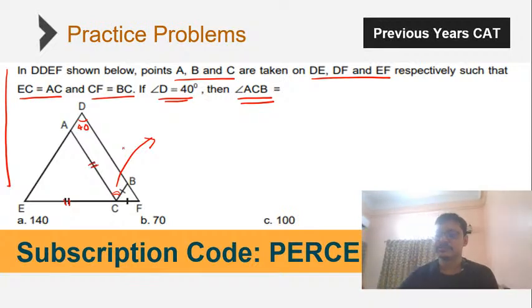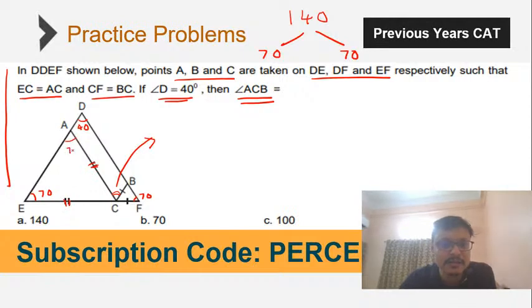So how do we solve this? If this is 40 degrees, which means this plus this must be 140. So what is the easiest technique? Just take up any easy breakup of 140. That is, you make the remaining two angles 70 and 70. So if this is 70, this side is equal to this side, so this angle will also be 70, which means the remaining angle here will be 40.